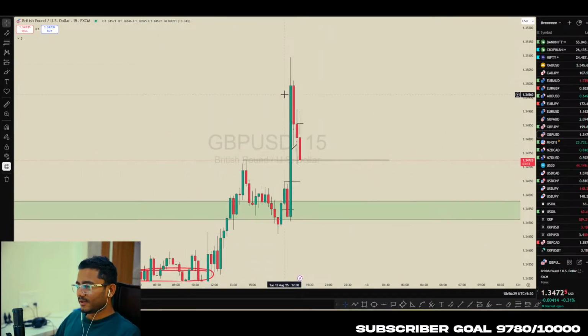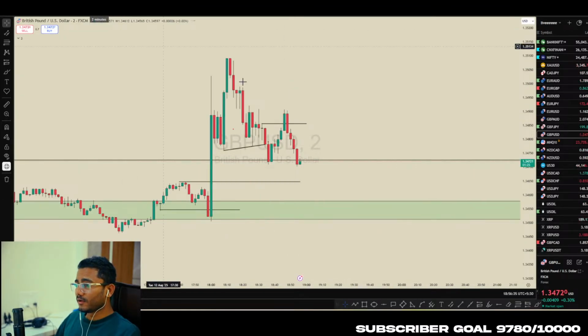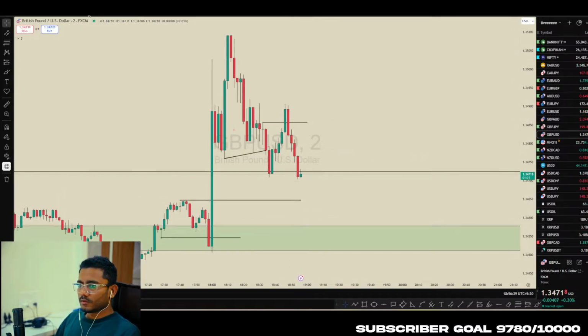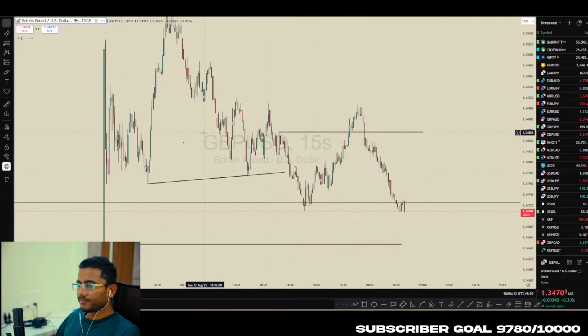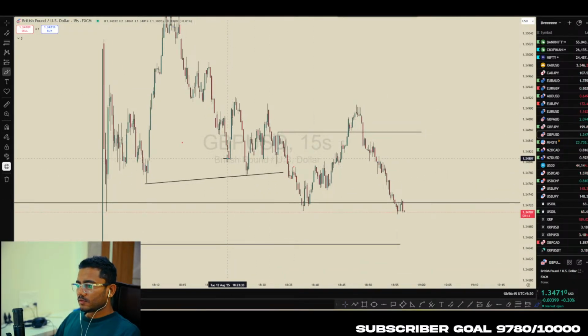Price retested this high, but on 1 minute it should give us some kind of confirmation. Then only the setup becomes valid. Here, if we go to 30 seconds, we can see there was this order block here. Lower high, structure break. This is still a lower high.